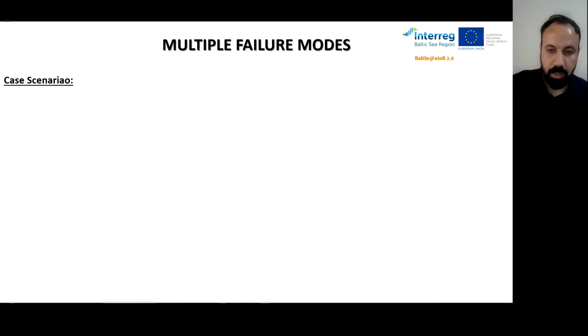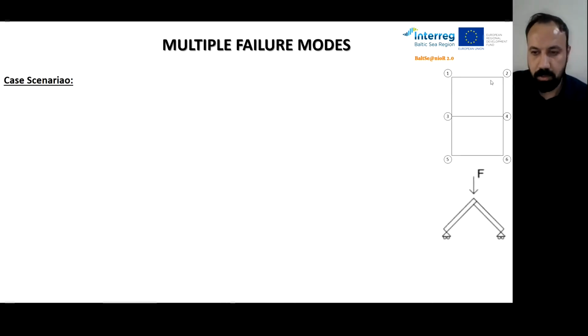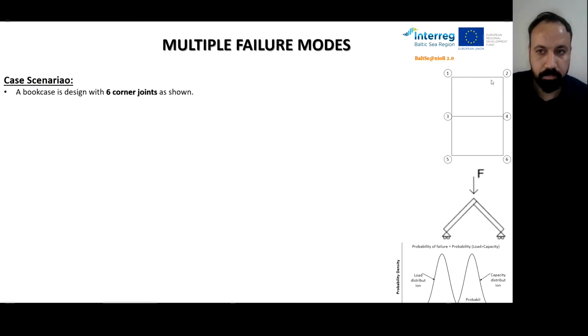Let's start. In my case scenario, I define a bookcase in here. It has six corner joints, 1, 2, 3, 4, 5, and 6. In this case scenario, I have some assumptions to make my calculation easier. I will explain these assumptions later.